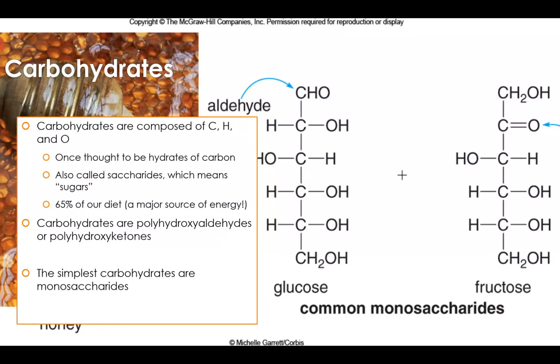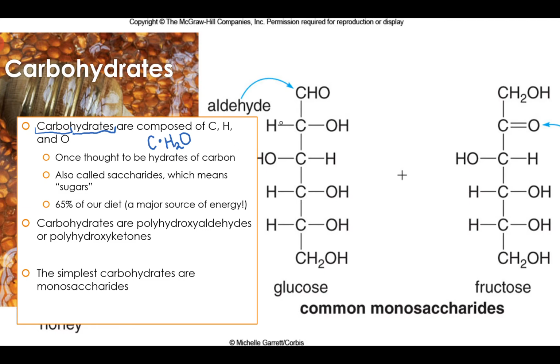Let's begin by talking about what carbohydrates actually are. The name carbohydrates comes from the original belief that these were hydrates of carbon. That means that they thought they had the chemical formula carbon with water stuck to it.